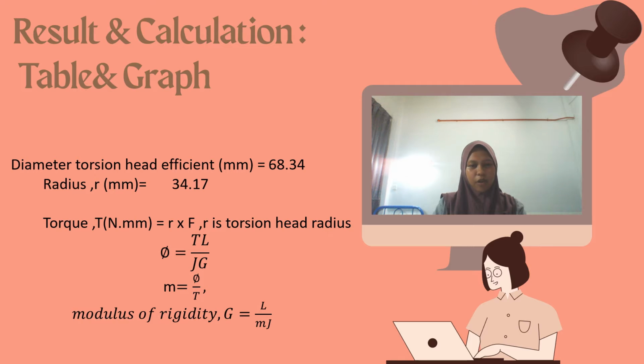The value of the slope equals the angle of twist divided by torque. From that we can get the modulus of rigidity, which is G equals length divided by the value of the slope times the polar moment of inertia J. So from that we need to calculate for all types of rod that we use.